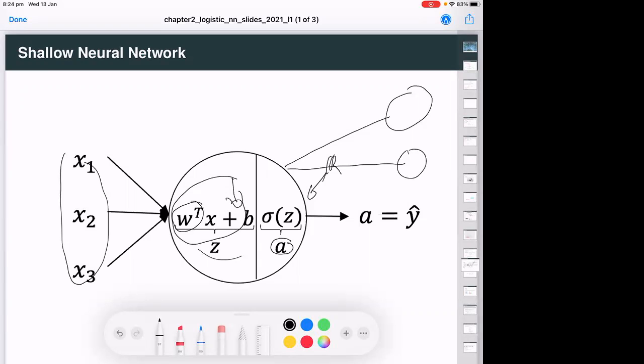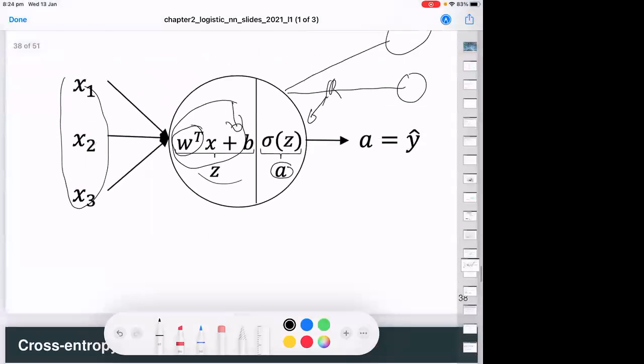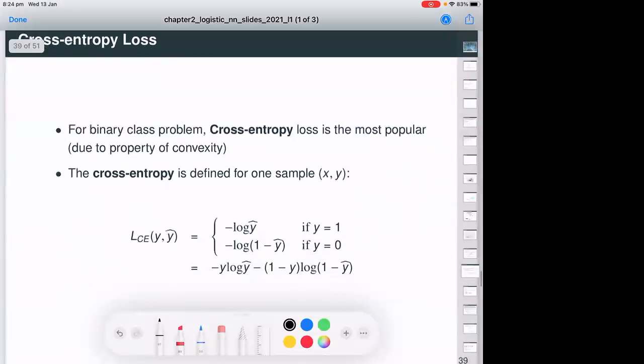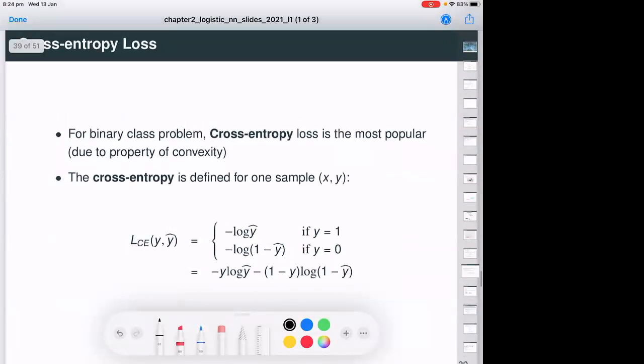Okay, so after slide 38, I want to talk about slide 39: the cross entropy. Keep in mind that for binary outcomes, we use the cross entropy.